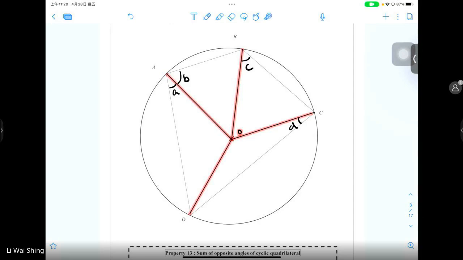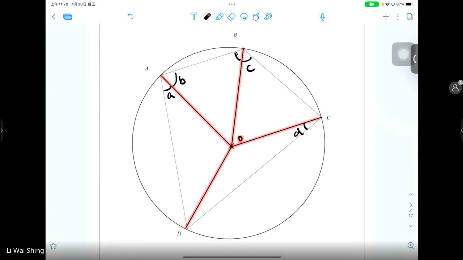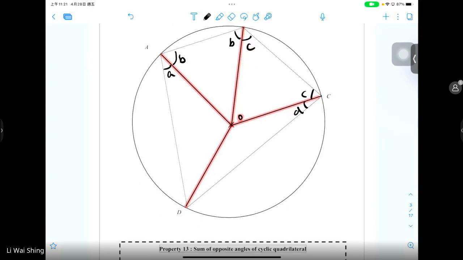Therefore, there is an isosceles triangle here. So what is the size of ABO? ABO, what is the size of angle ABO? B, right? There is a right isosceles triangle here. So what is the size of angle BCO? It is equal to C. Similarly, because there are lots of isosceles triangles, so you can mark all the angles of the quadrilateral here.